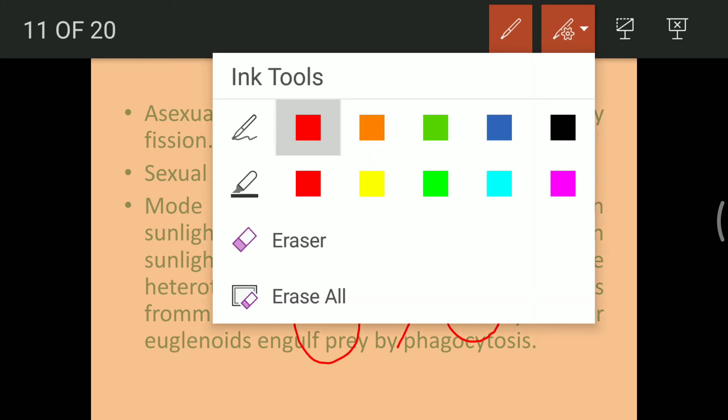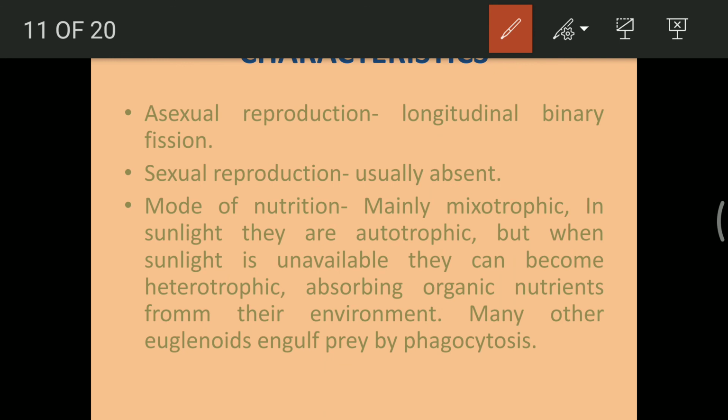That is called longitudinal division. Sexual reproduction is absent in this organism, and mode of nutrition is mainly mixotrophic. In sunlight, they are autotrophic, but when sunlight is unavailable, they can become heterotrophic, absorbing organic nutrients from the environment. And many other euglenoids even engulf the prey by phagocytosis, like the amoeba.